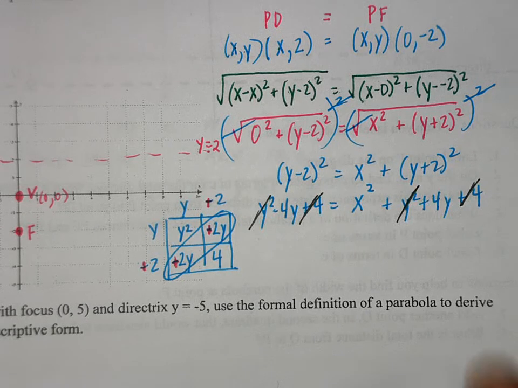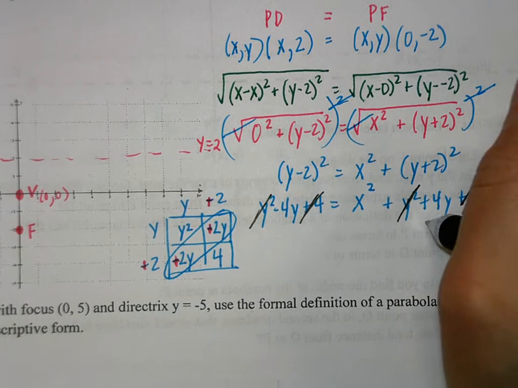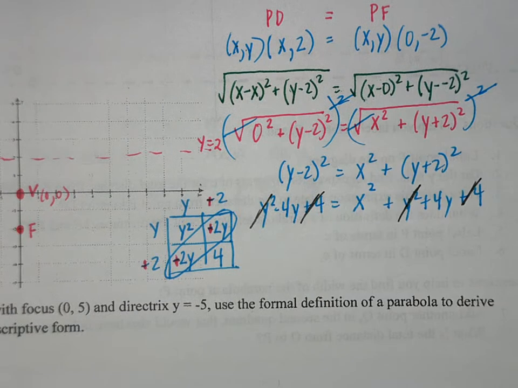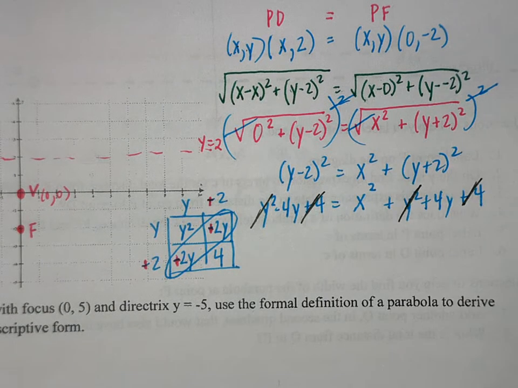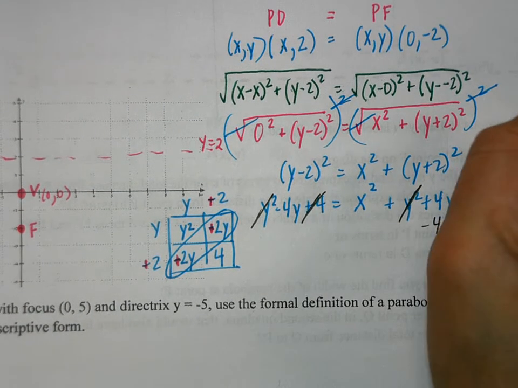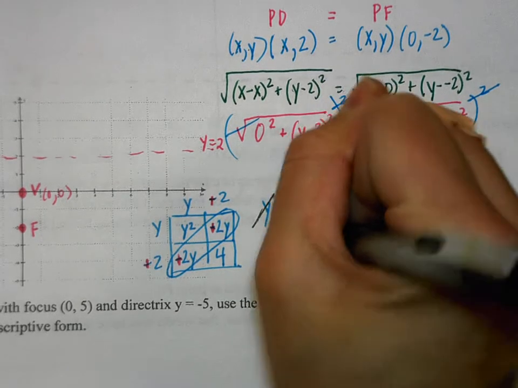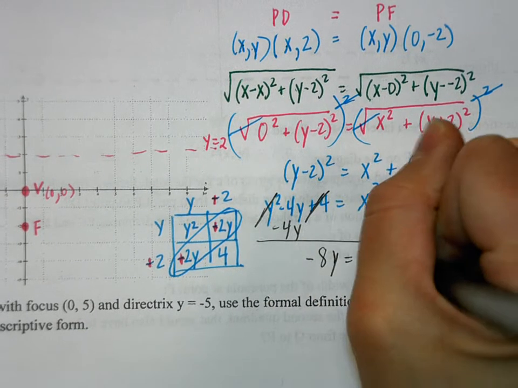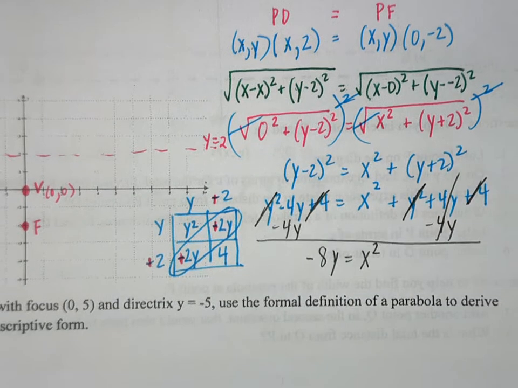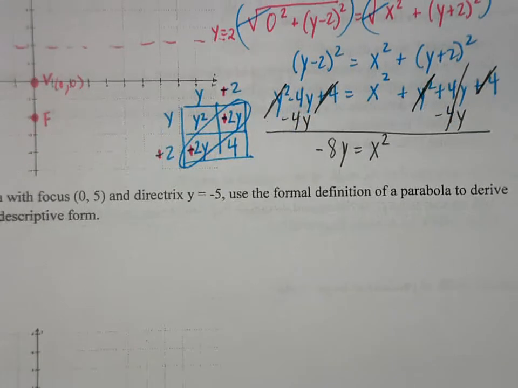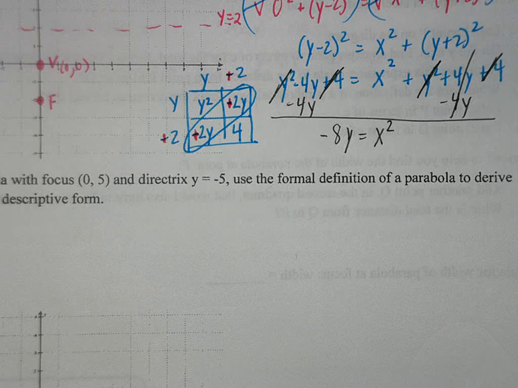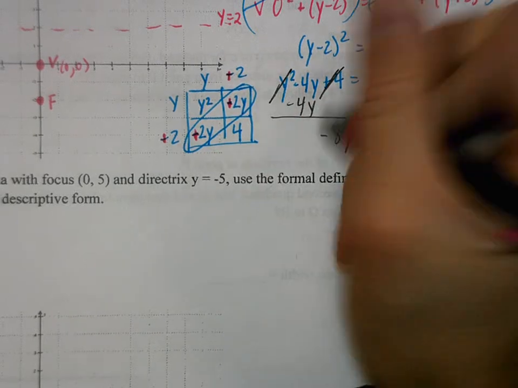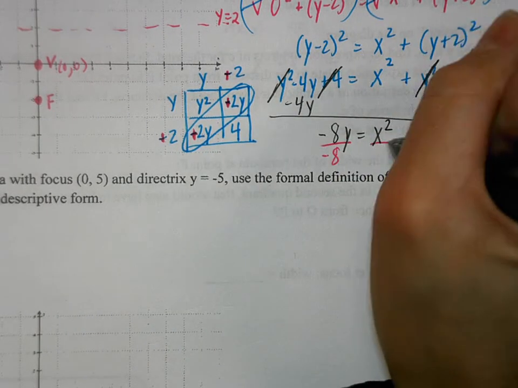Okay, so that means we are going to end up moving the 4y to the other side. How do I do that? Good, subtract 4y. We get negative 8y equals x squared. And what's the last thing I would do in order to get the y by itself? Divide by negative 8 to both sides.